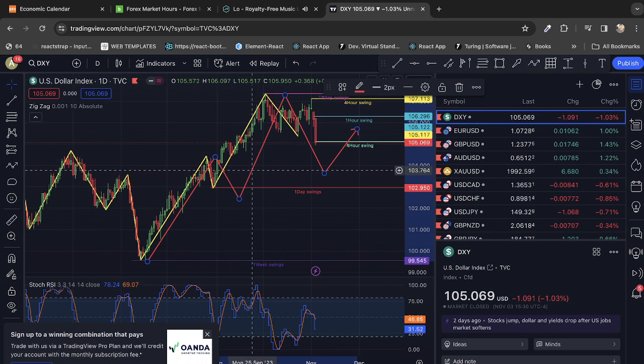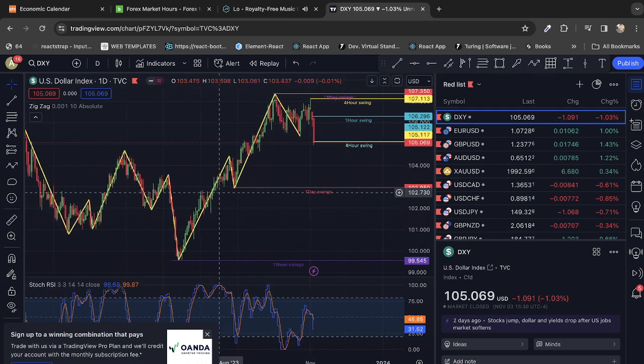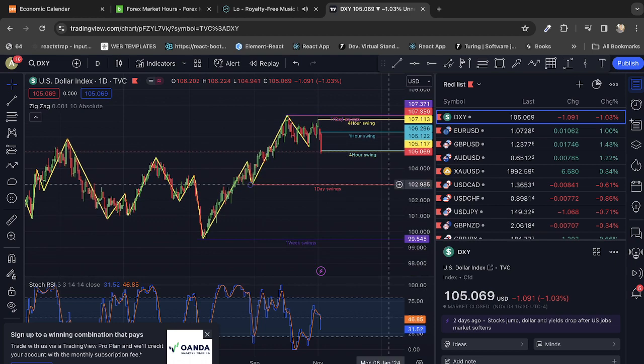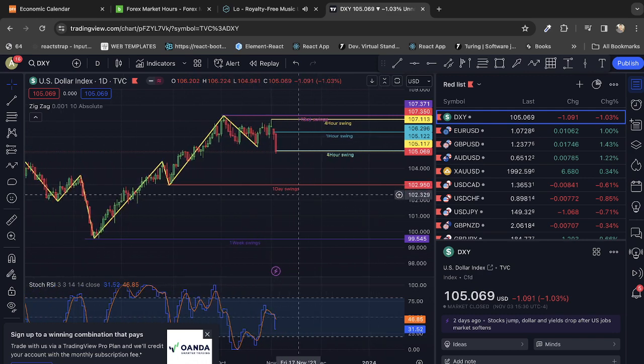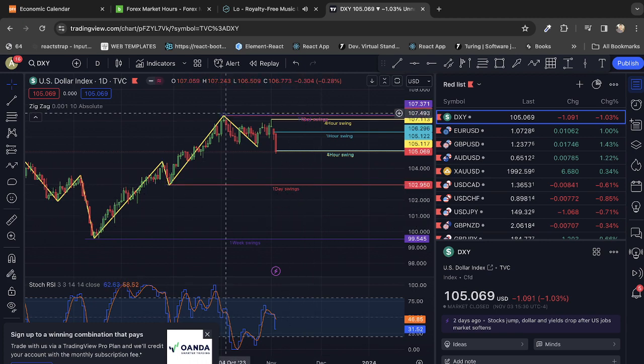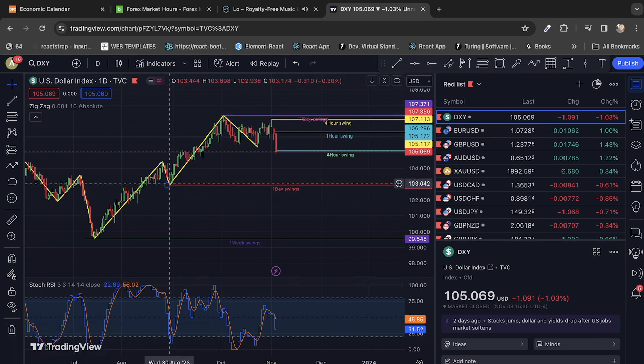And for us to change our bias on the daily time frame, as you guys can see, we need the market to break below this horizontal ray here, this place. You guys can see one-day swings. This is the last swing low that the market saw before pushing back up, and this swing low occurred on Wednesday, 30th August 2023.